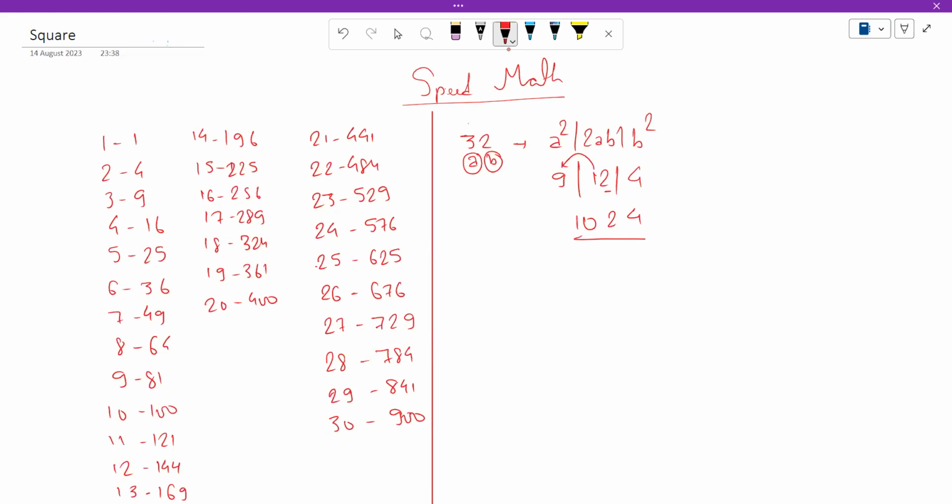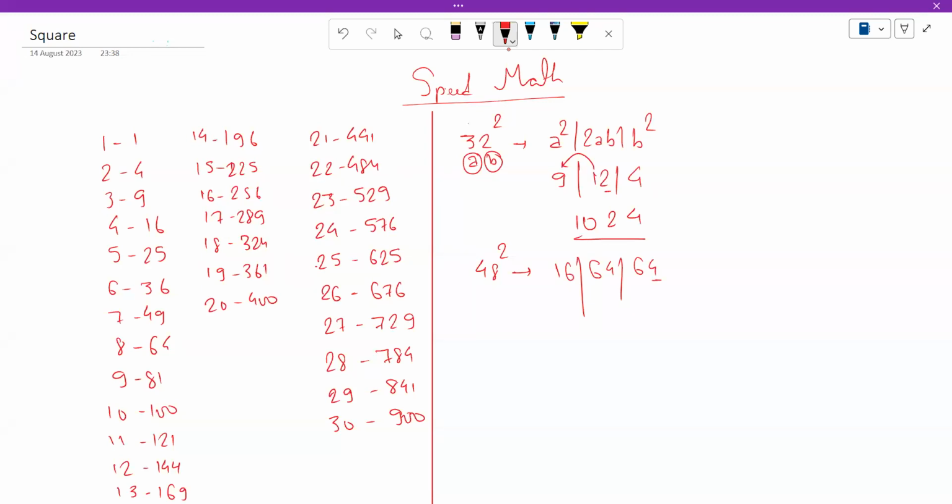Now, can I apply this formula, for example, if I tell you to find the square of 48? Again, a square is 16, 2ab is 8 fours are 32, 64, and b square is 64.